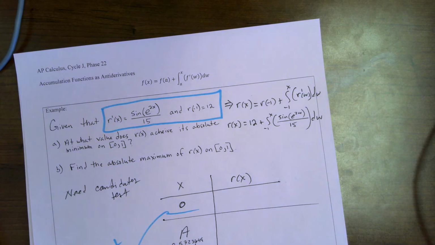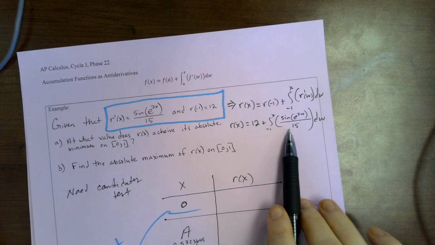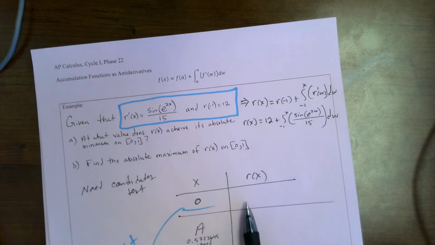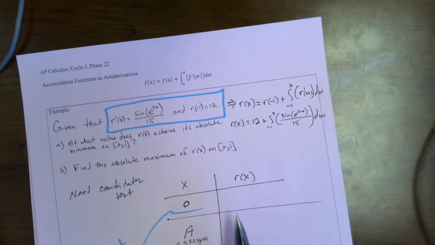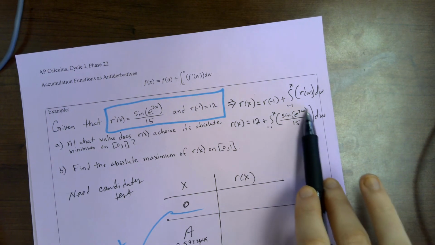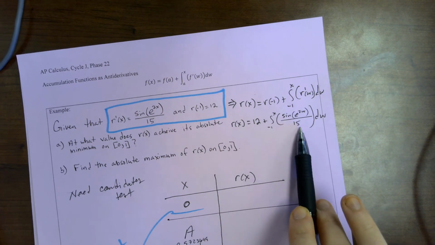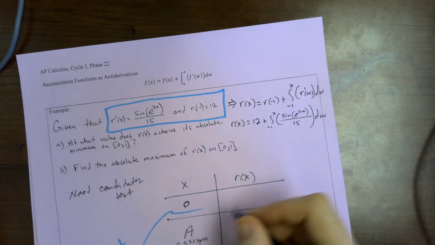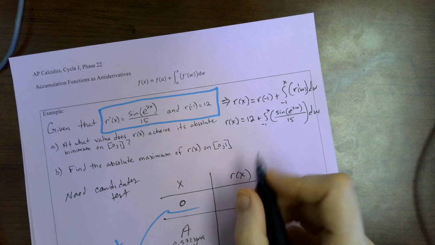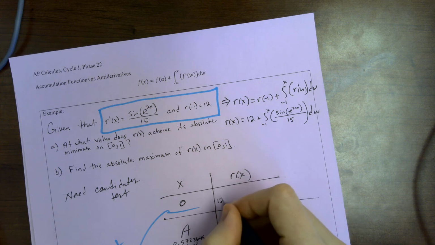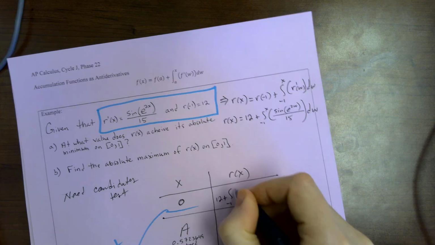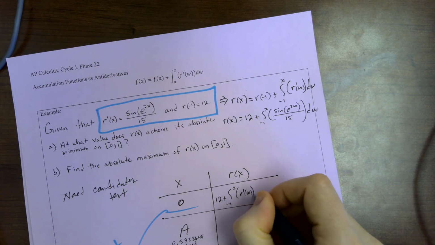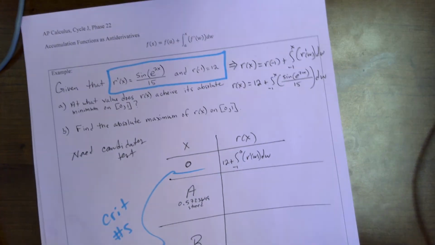Okay. Now, because I already have this written down and they defined r prime for me already, when I write my integrals in here, I don't have to keep writing this input over and over. That's just a lot to write. I can write r prime of w. So here we need 12 plus the integral from -1 to 0, r prime of w dw.